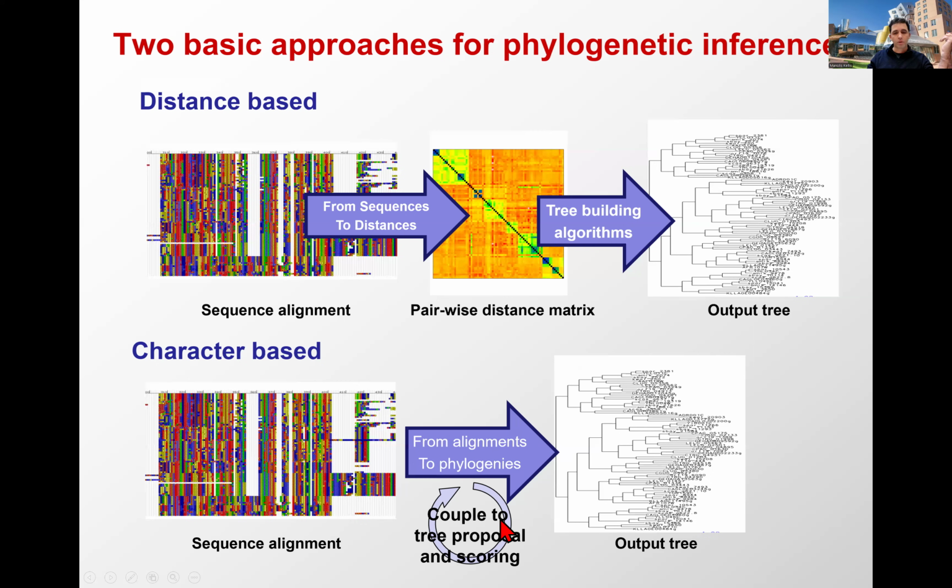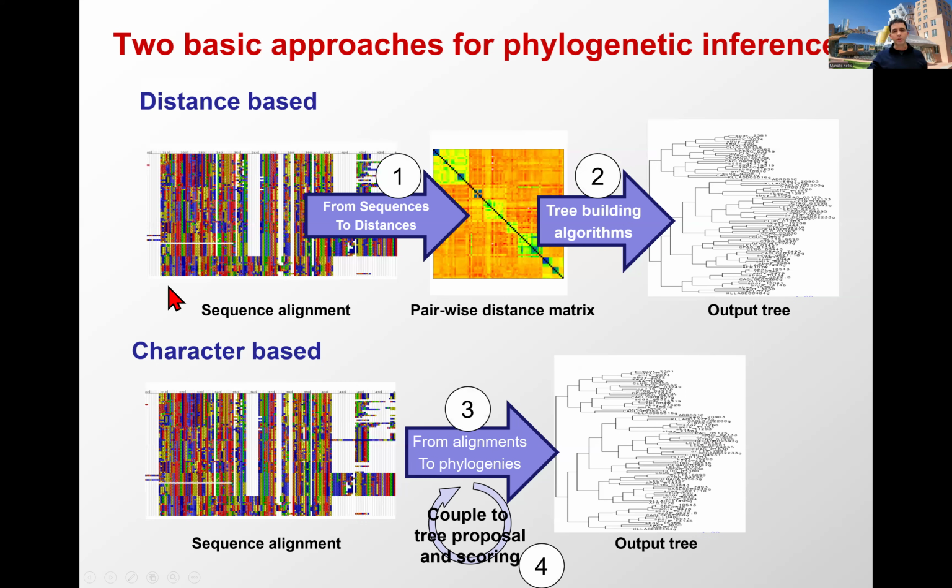And then I will couple that with a tree proposal and scoring that allows me to fine-tune an initial proposal and make it into a better phylogeny. Everybody with me here? Can I get a 5, 4, 3, 2, 1? How well you're following? Okay, super, bunch of fives.